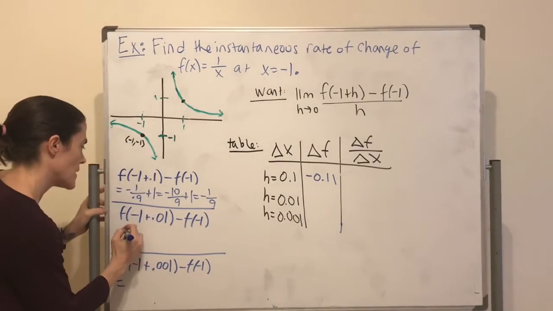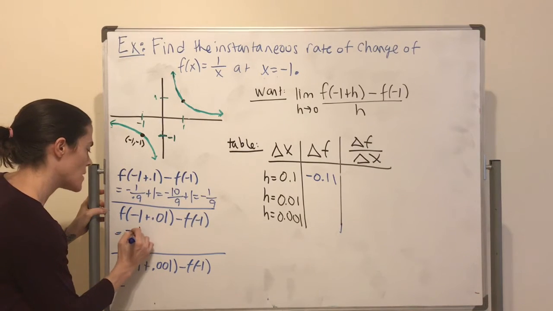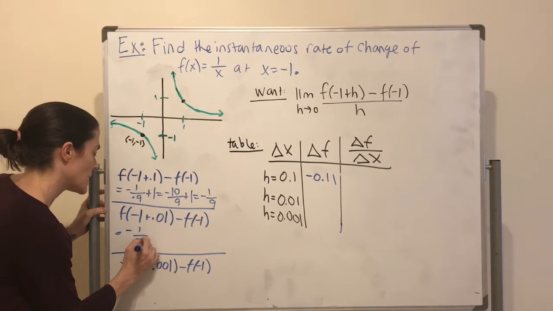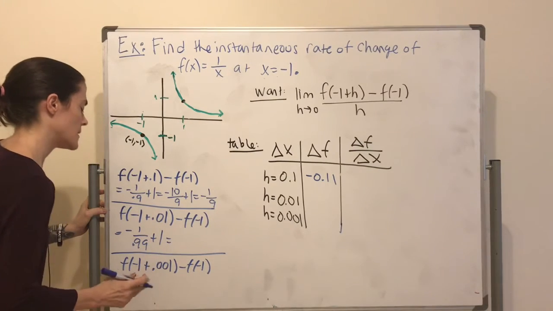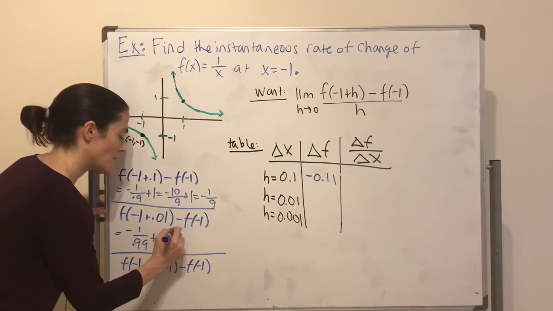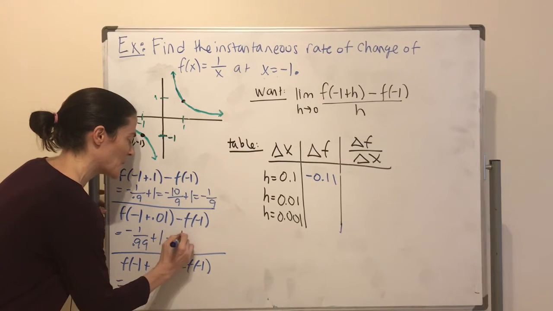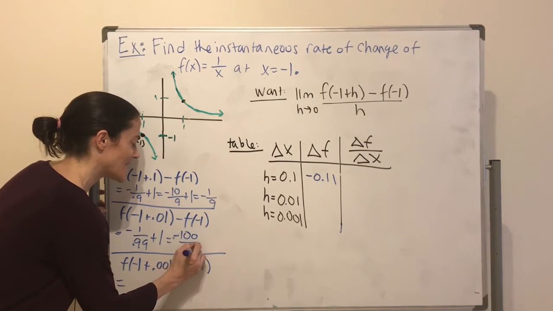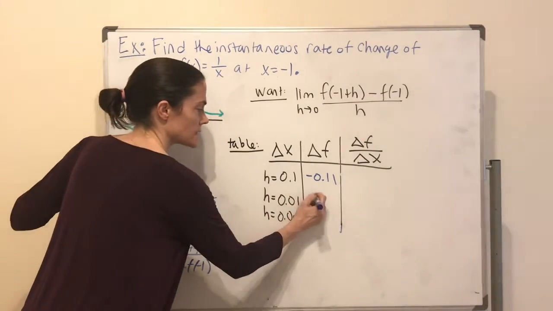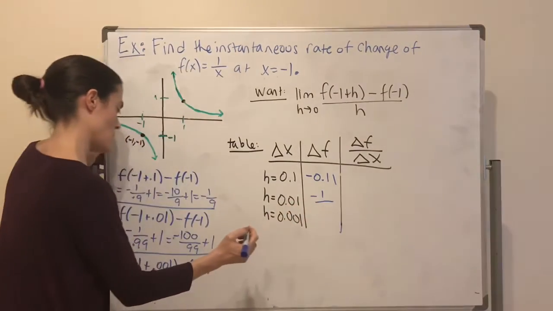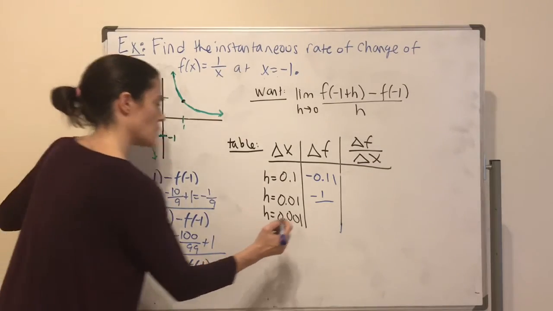Here we have minus 1 over 0.99 plus 1. Again, this is negative 100 over 99 plus 1. We get, I'll write it this way, negative 1 over 99.